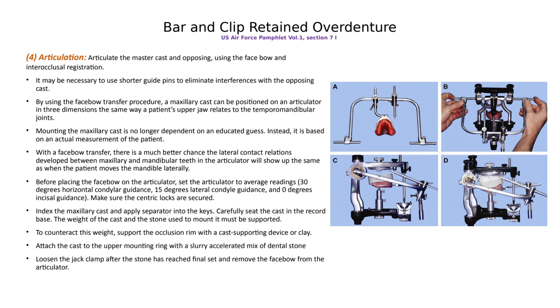Also, when we use the Facebow, after the insertion of the Facebow into the articulator, we have to make sure that all the tools regarding the condylar inclination, all the knobs in the back, are tightened, so nothing moves during our articulation.